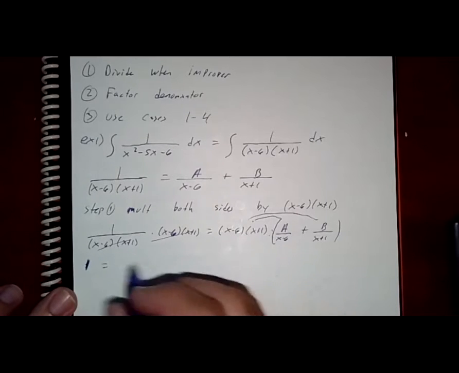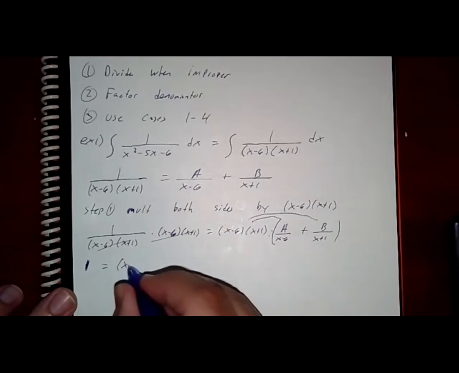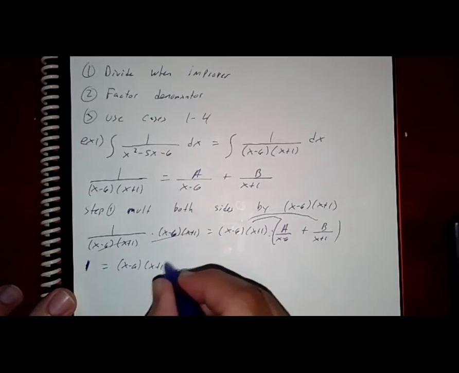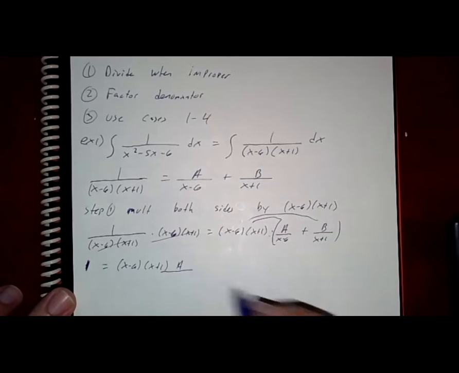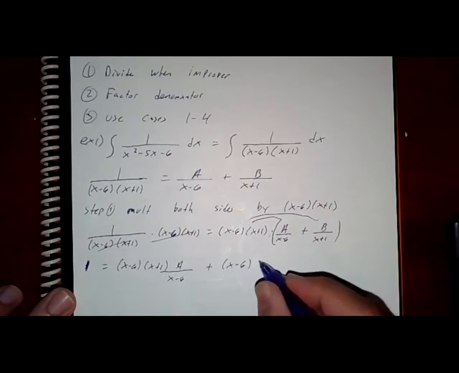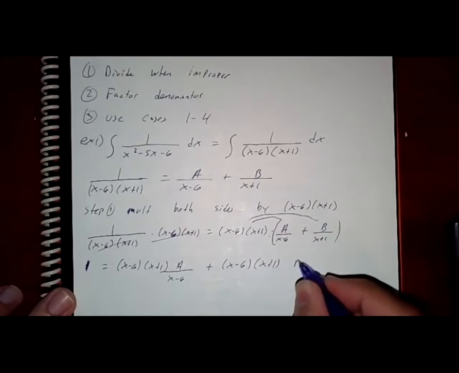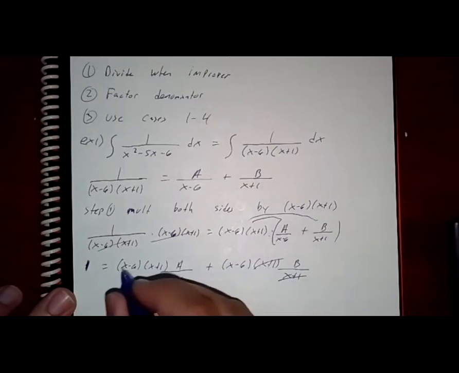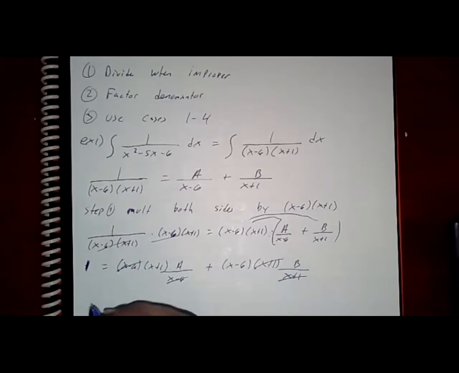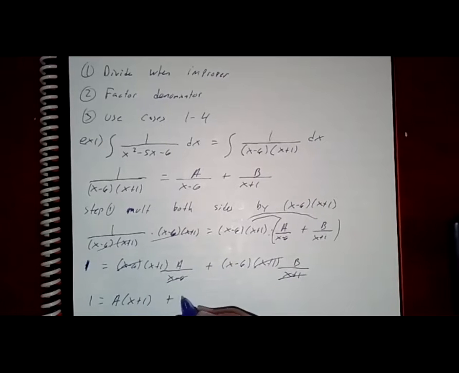Let me show it. (x minus 6)(x plus 1) times the A over x minus 6, plus (x minus 6) times (x plus 1) times the B. So these are gone. So 1 is equal to, I'm going to put the A in front just because I want to, not because it matters, and the B.